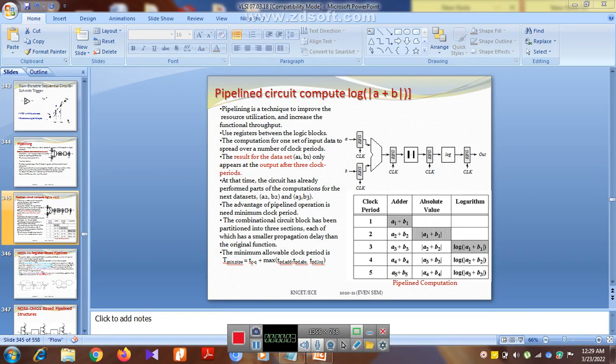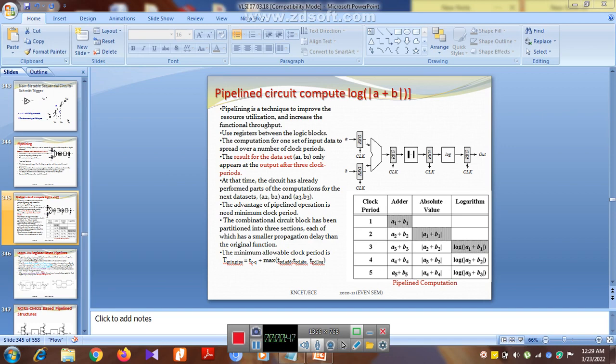On the next slide, pipelining is a technique to improve the resource utilization and increase the functional throughput. Here they are using a number of registers in between the logic functions, so that they can easily compute the log modulus of A plus B. So use registers between the logic blocks. The computations for one set of input data are spread over a number of clock periods.